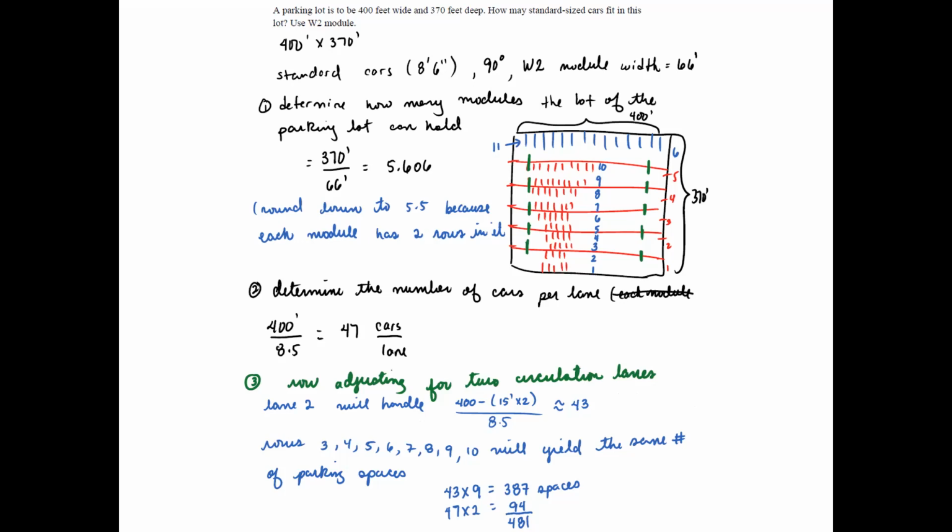Typically, if you're designing with an angle, you want cars to go in a specific direction. So the advantage is that you can accommodate more cars, but the disadvantage is that you might need to limit the flow to go in just one direction.